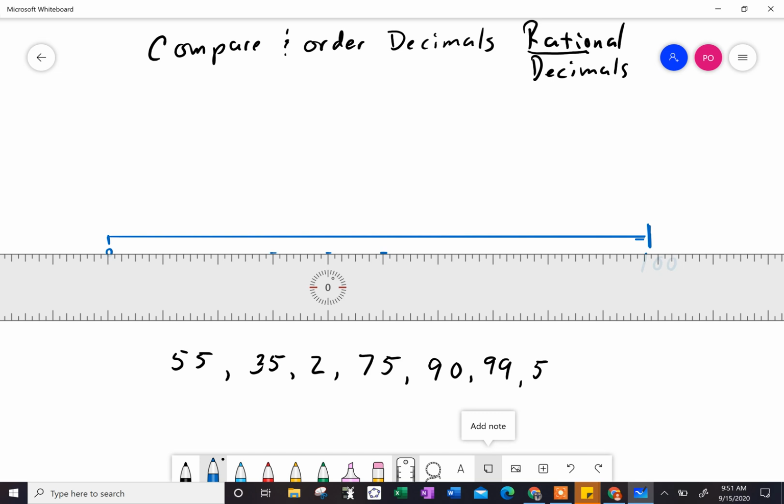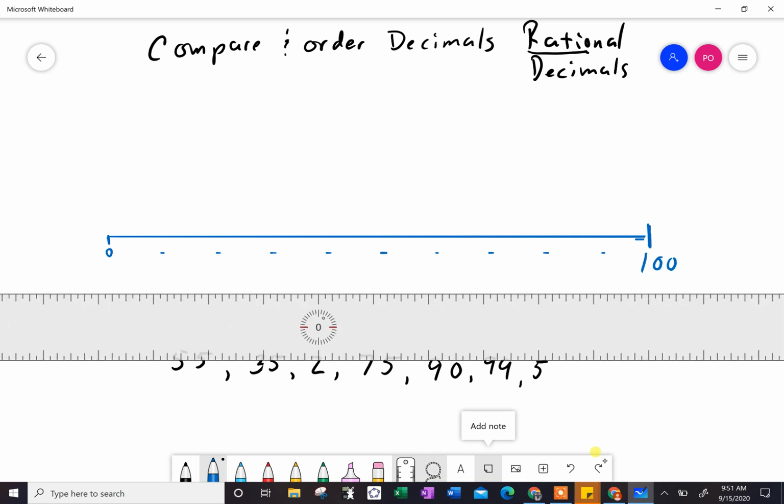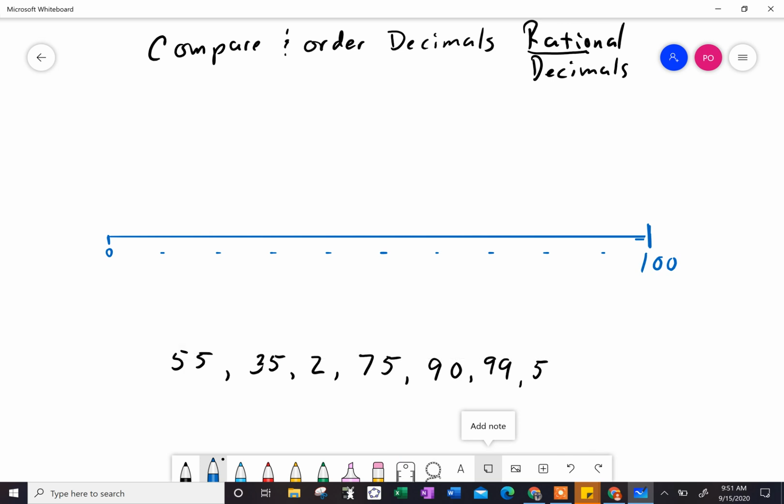And I'm going to break my number line into 10 pieces, and I hope you understand why. Even though I'm not looking for these, that's going to be 10, this would be 20, 30, 40, 50, 60, 70, 80, 90, and 100.